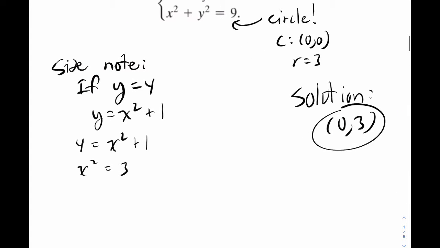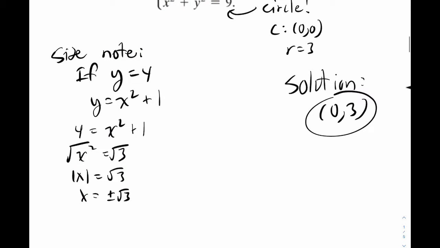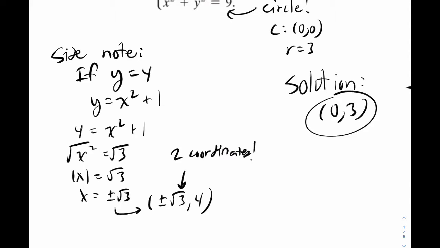And what I mean by be careful is, remember when you root this, that's the absolute value of x is root 3, which means x is plus or minus root 3. So you can write your solution like this, plus or minus root 3, comma 4. Just make sure you understand that that would be 2 coordinates.